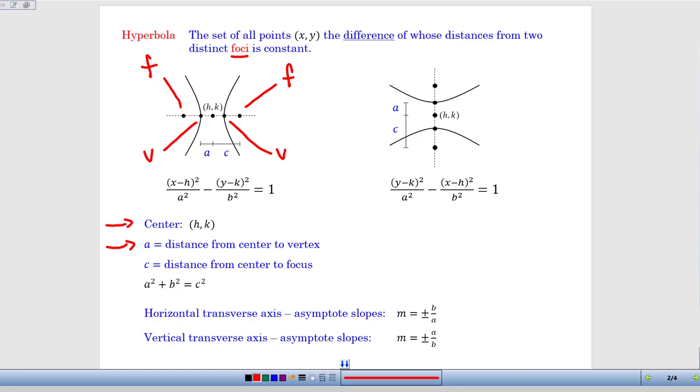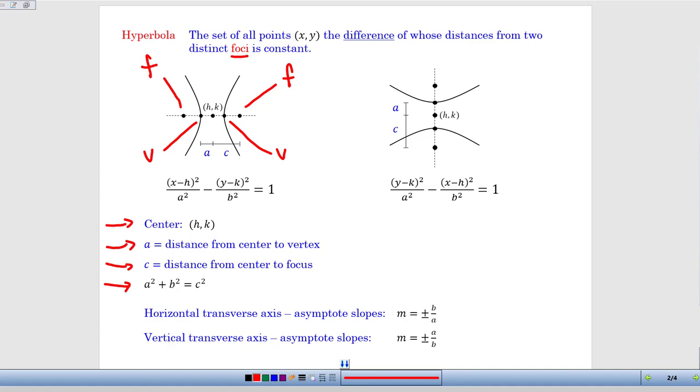But now the foci are farther from the center of the hyperbola, as opposed to closer than the vertices as they were for the ellipse. And the key difference for determining the relationship between a, b, and c, and I'll talk about the role that b plays momentarily, the relationship is a squared plus b squared equals c squared.